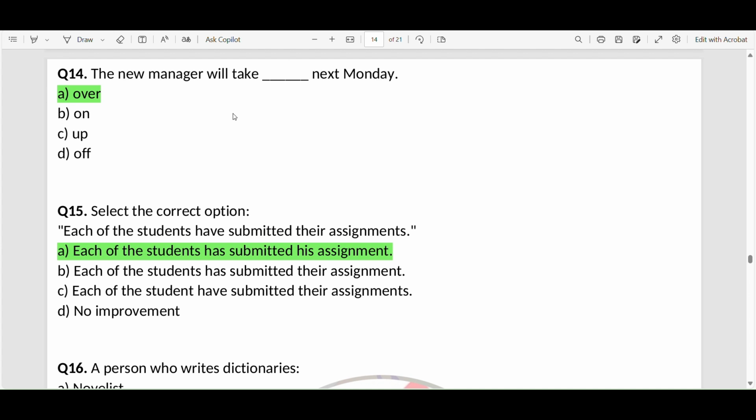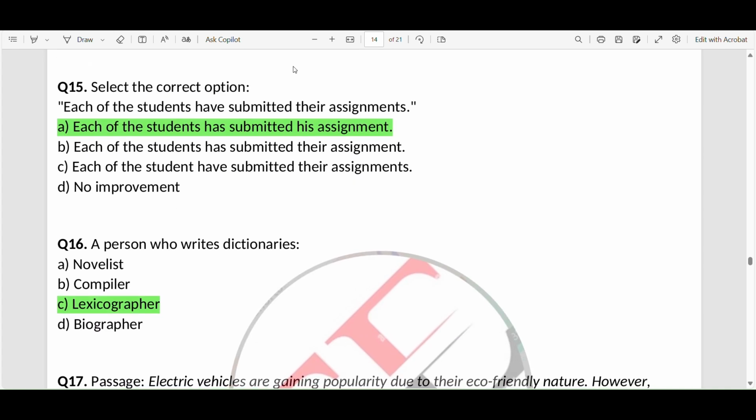Take off means it flew away. That means a plane took off early in the morning. This will be coming. So while checking every meaning, take over will be the correct one for the new manager. Means taking new responsibilities as a manager from next Monday. The sentence means this way.